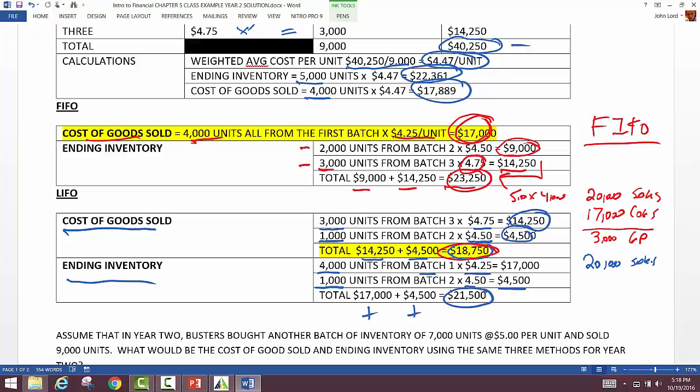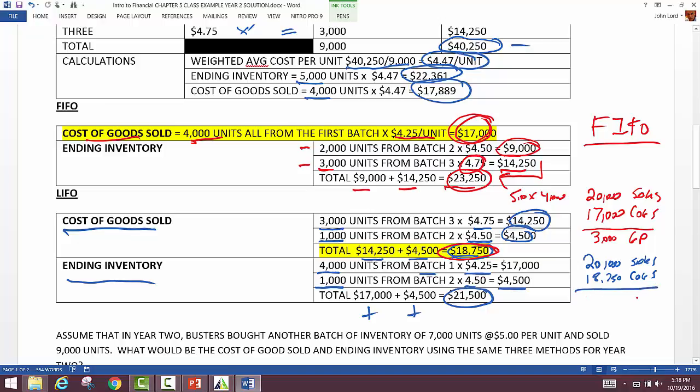But now my cost of goods sold is 18,750, and it should be a little higher because I have a period of rising prices, don't I? Aren't my prices rising? Yes. My costs are rising. I'm going from 425 to 450 to 475, and I'm assuming that I sold those more expensive ones first, right? Under LIFO, the ones on the top, the 475 ones.